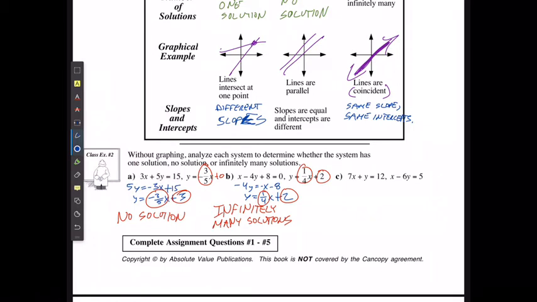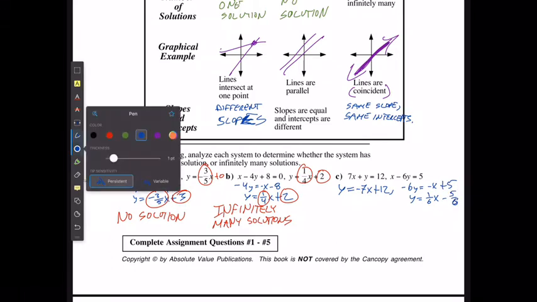For the last example, I'm going to say that y is equal to negative 7x plus 12. And for the second equation, I can say negative 6y is equal to negative x plus 5, or y is equal to 1 over 6x minus 5 over 6.